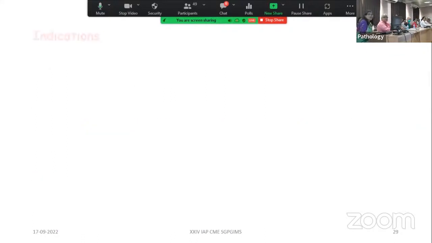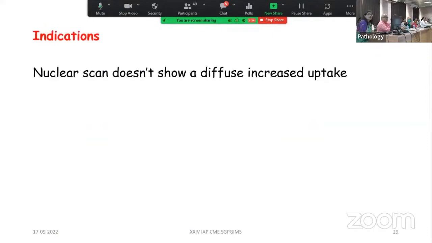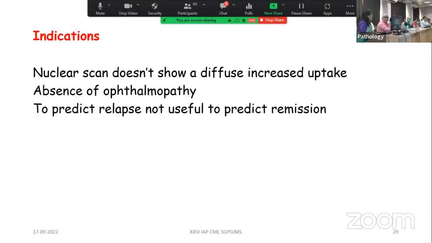What are the other indications of doing TRAB antibody measurement? As I said, we do a nuclear scan, which showed a diffuse uptake, that tells you that the patient has Graves' disease. But if the scan doesn't show a good uptake or doesn't clearly show an uptake, then TRAB positivity helps you reach a diagnosis. Absence of ophthalmopathy, to predict a relapse.